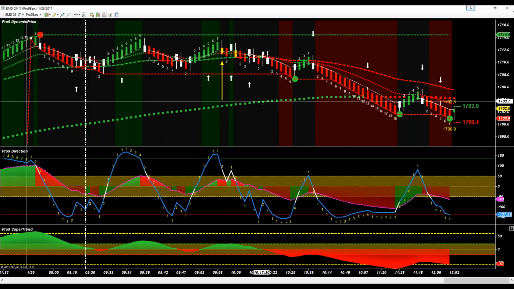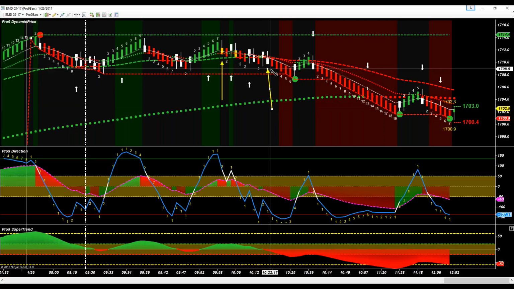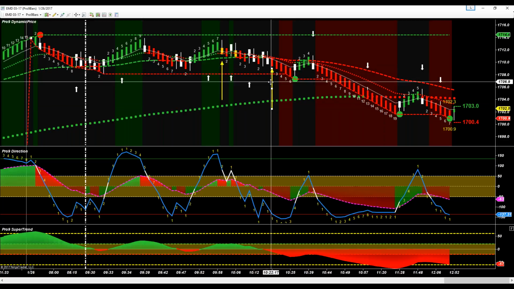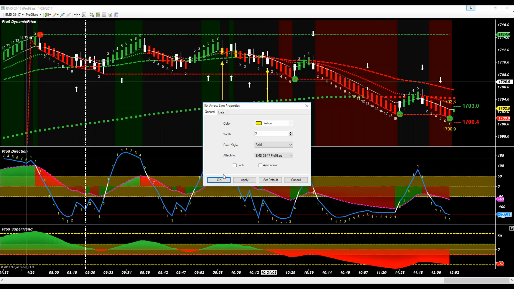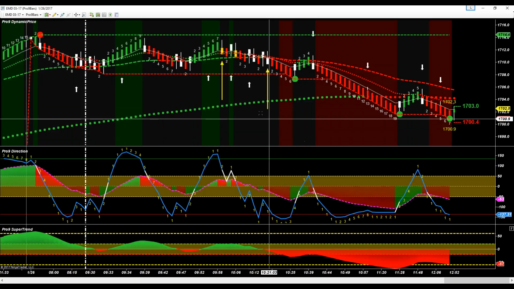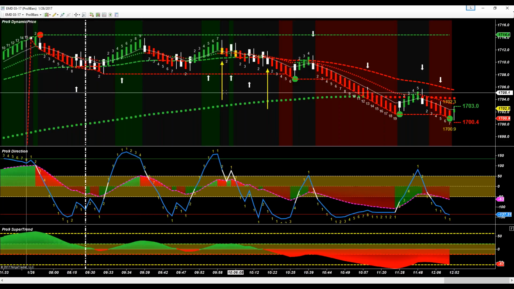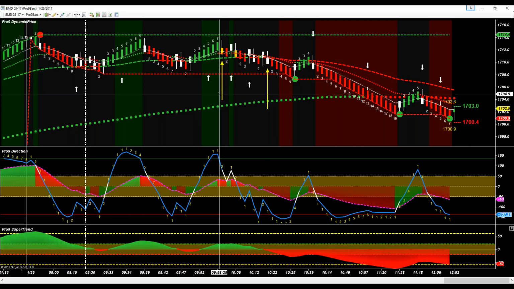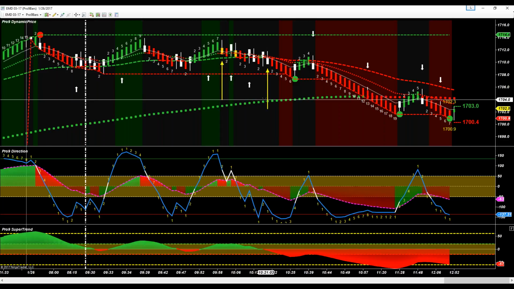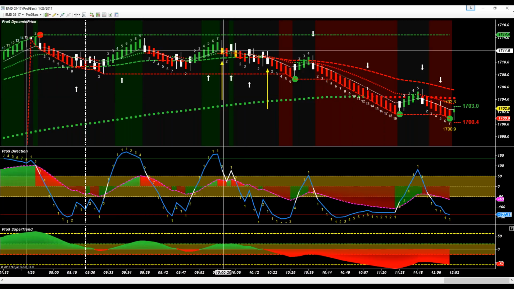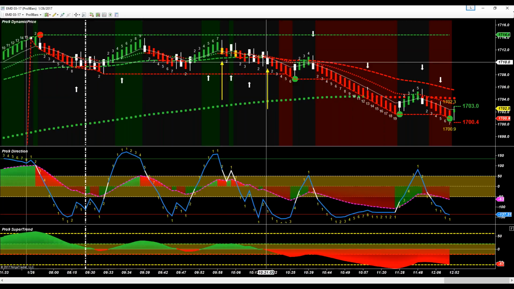And so some things to look out for. If we look in this section, a few things you want to look out for. A lot of turn bars in close proximity to each other. So we see here more than 50% of these bars are turn bars.